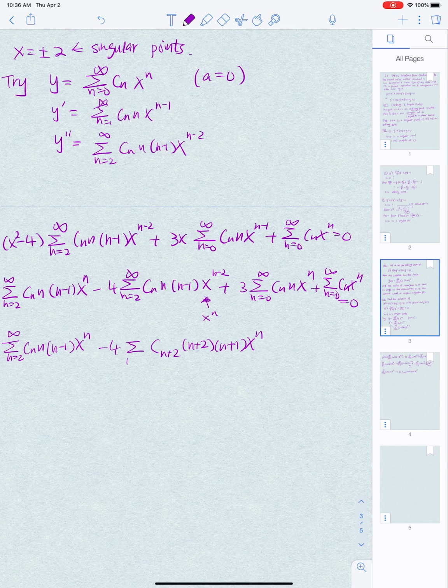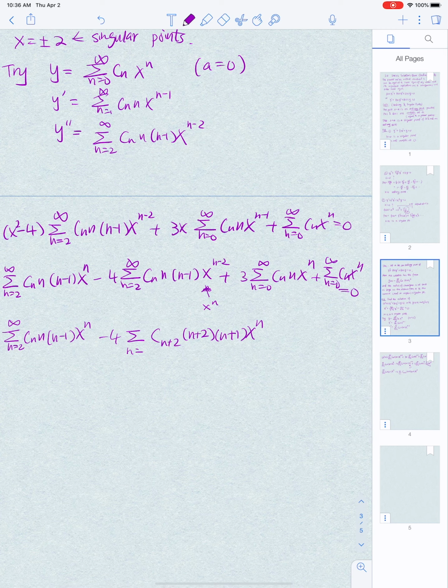And now, in order to keep the summation starting from the same term, originally it starts from C2, so here we have to change n to be 0. And then we copy down the rest.